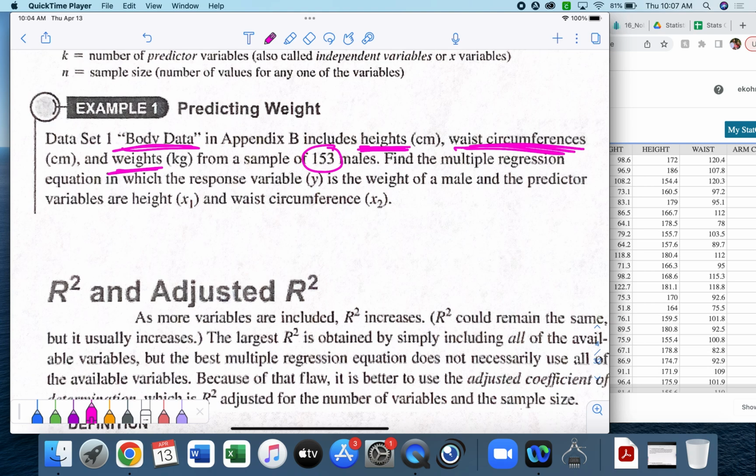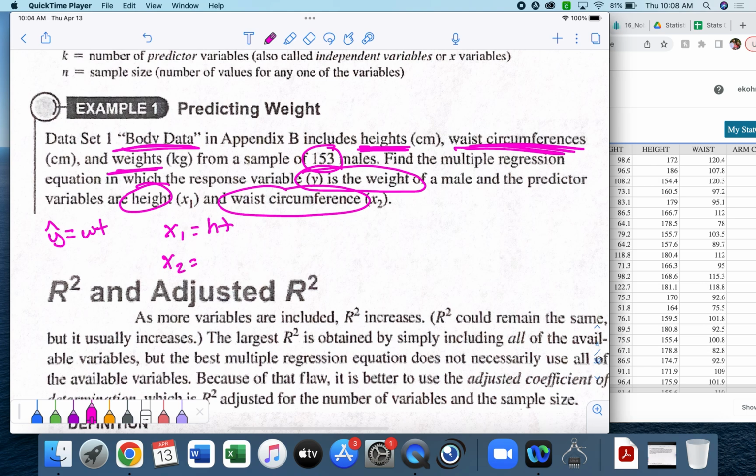They want us to find the multiple regression equation in which the response variable, y, is the weight, and the heights and the waist circumference are our x's. So I'm going to put y hat equals weight. And we have 2 x's, x1 and x2, based on height and waist circumference. Those are the 2 things that we are comparing.